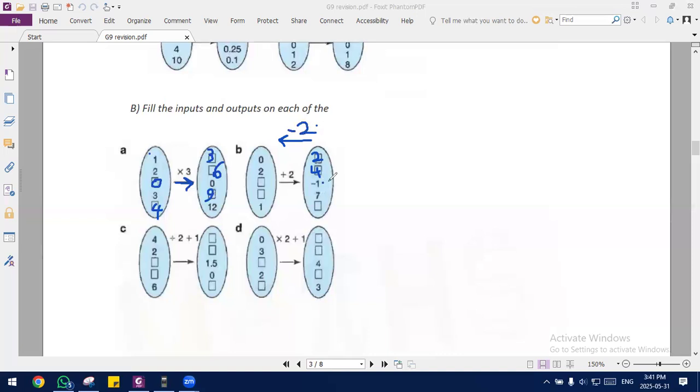So minus 1 minus 2 is minus 3. Good. Then 7, you need to go back: 7 minus 2 is 5. Then 1, what's the answer here? 3. Yes, good.